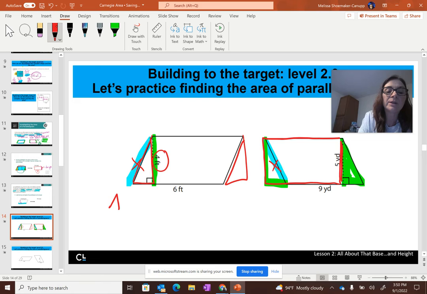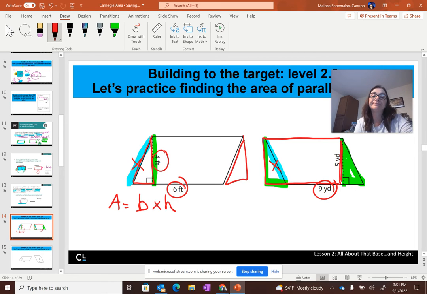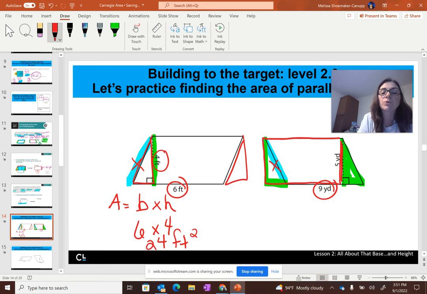So the area is going to be the base, which is what it's sitting on, times the height or the altitude. It's 6 times 4. That's 24 feet squared. Remember, area is always squared.